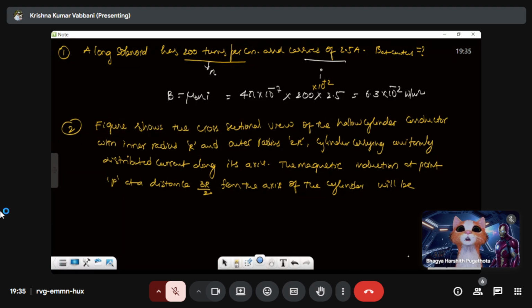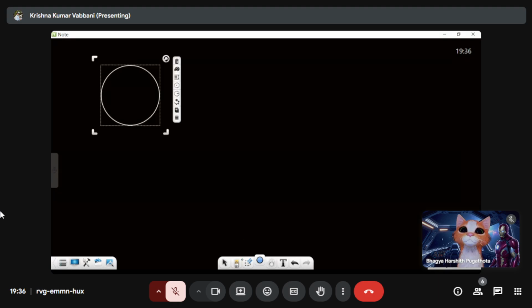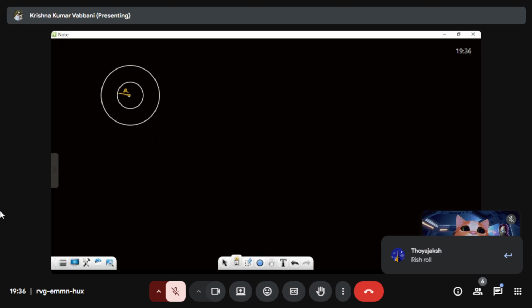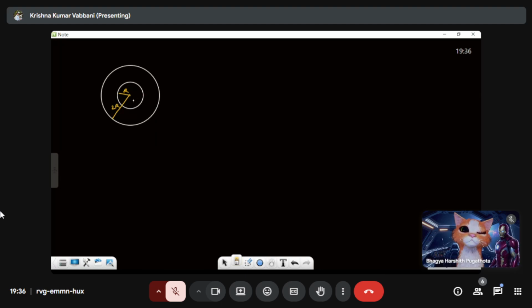So I'm giving this image. Here they are giving the toroid and the radius is given as r.